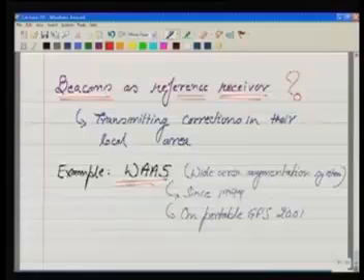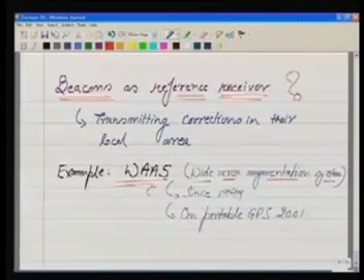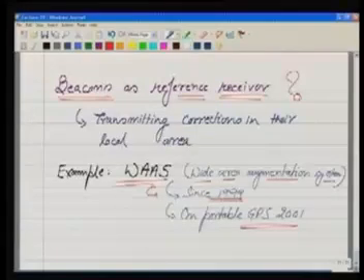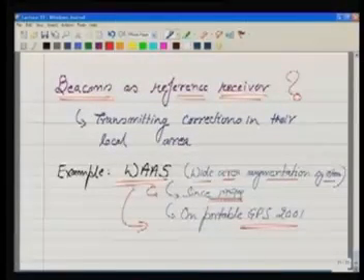One example of this is WAAS, which is Wide Area Augmentation System. This system was started in 1999, and now portable GPS also, since 2001, can get the corrections from this WAAS. So basically this is also the principle of differential global positioning system.